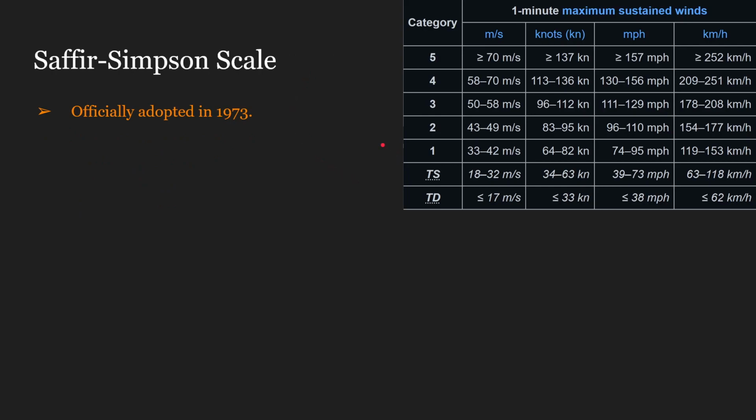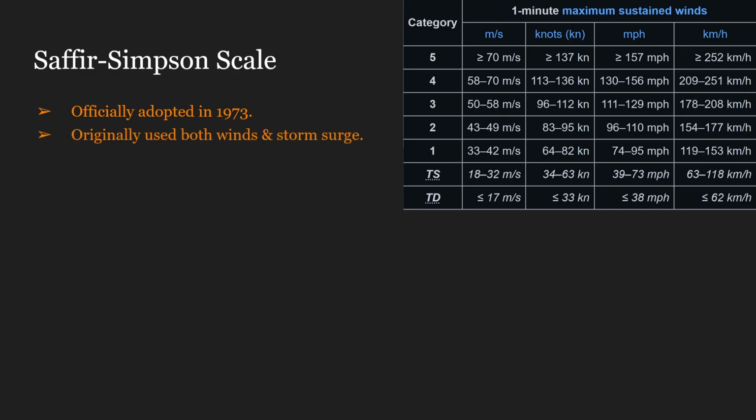The Saffir-Simpson scale is the one that I have grown up with. It is the one that is used in America. So I'm going to be referring to this one with every single other scale as well. The Saffir-Simpson scale was officially adopted in 1973, the same year that the Fujita scale would be officially adopted as well.